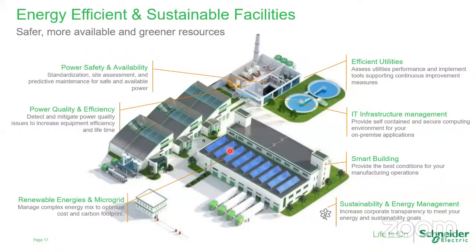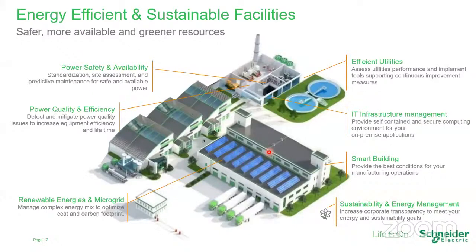These are the renewable energies, that means solar. You can try to generate power, or use the heat that comes from the solar, for energy generation, for hot water generation, or for any other application. So we can see renewable energies used in the facility. There is also something called the microgrid concept, which is becoming very popular, where data comes from different sources like your EB source, your renewables, your genset, or thermal plants.